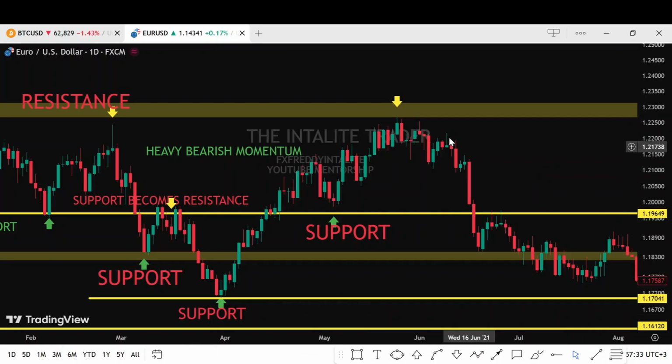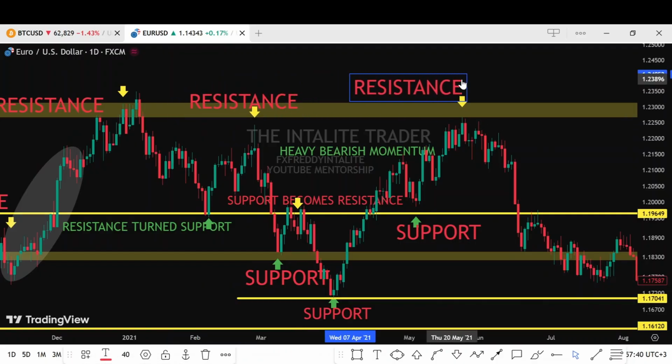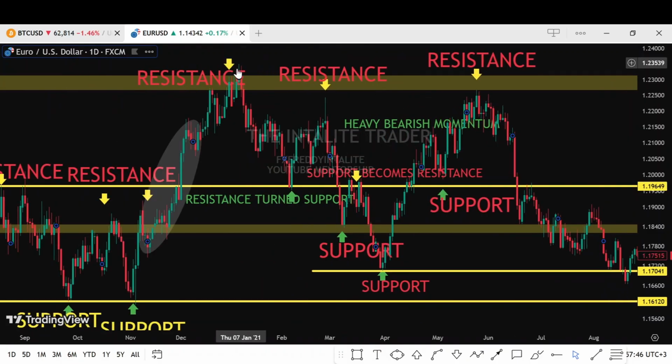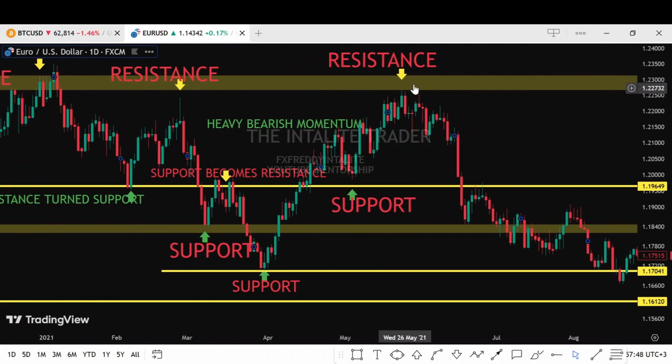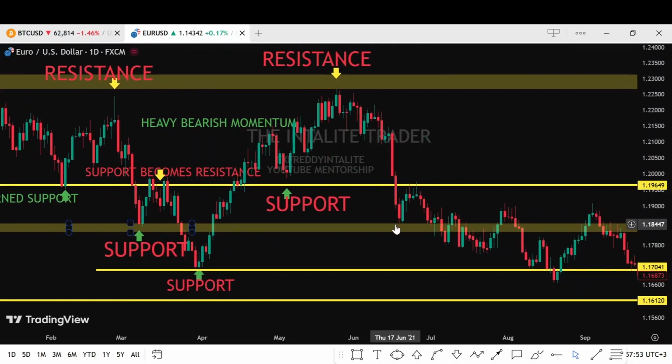Price went back to this resistance level. Now you see this level is always resistant to price. Each time price comes into this level, it sells strongly. So price sells below here, breaking this level that has acted as support.